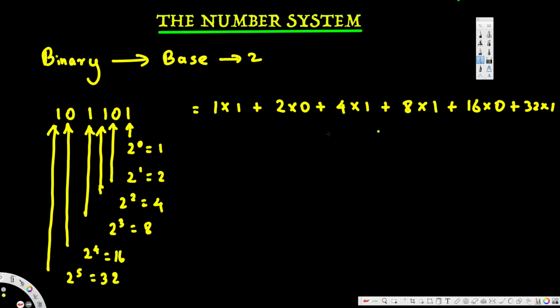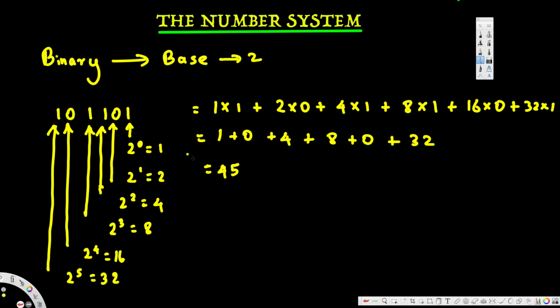Let's write the numbers first: 1 plus 0 plus 4 plus 8 plus 0 plus 32. If you add them together, you will get 45. So this is the conversion from binary to decimal.